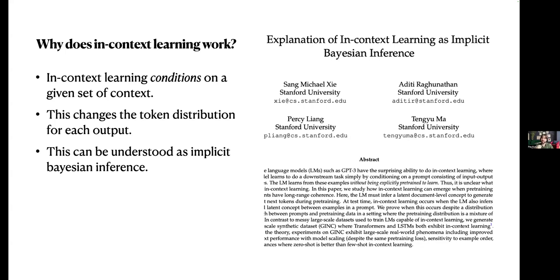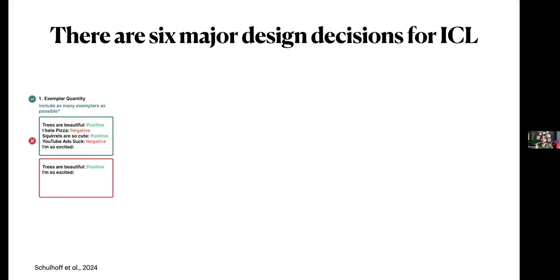Let's jump into something very practical, which is 6 major design decisions you would need to make when you're designing these in-context learning systems. So the first design decision is to include within a reasonable set as many examples as you can.